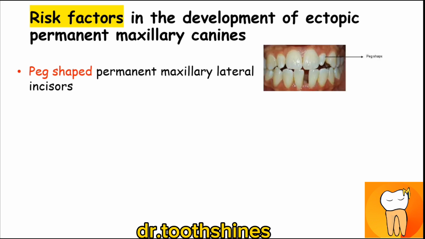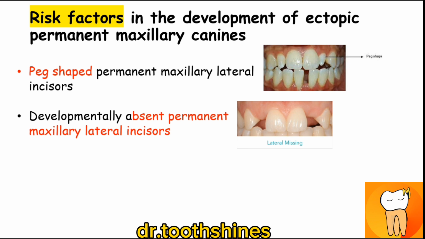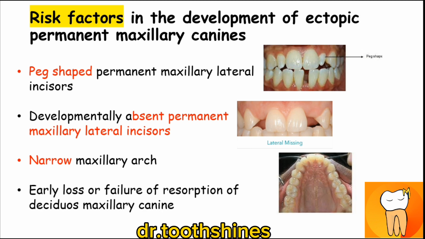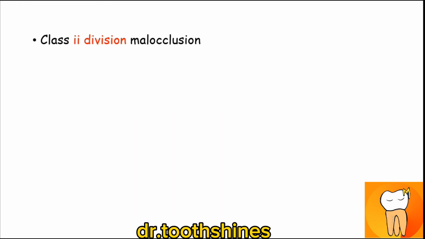Number one is a peg-shaped maxillary lateral incisor. The others are developmentally absent permanent maxillary lateral incisors, or a narrow maxillary arch, or early loss of the maxillary canine, or failure of resorption of the deciduous maxillary canine.